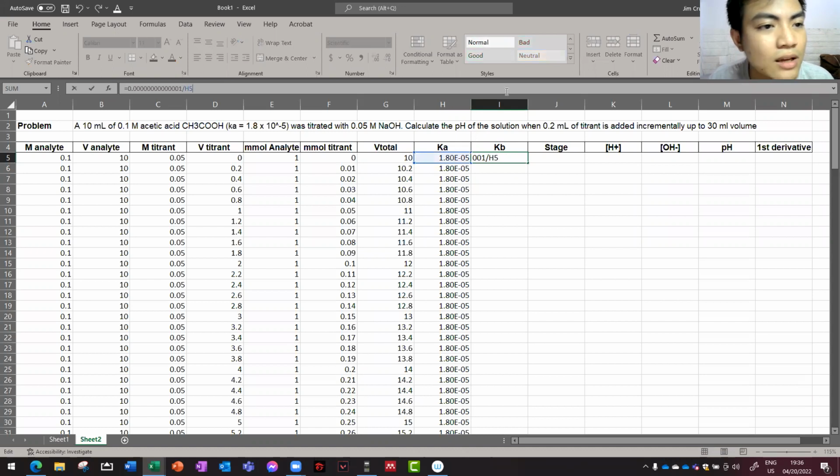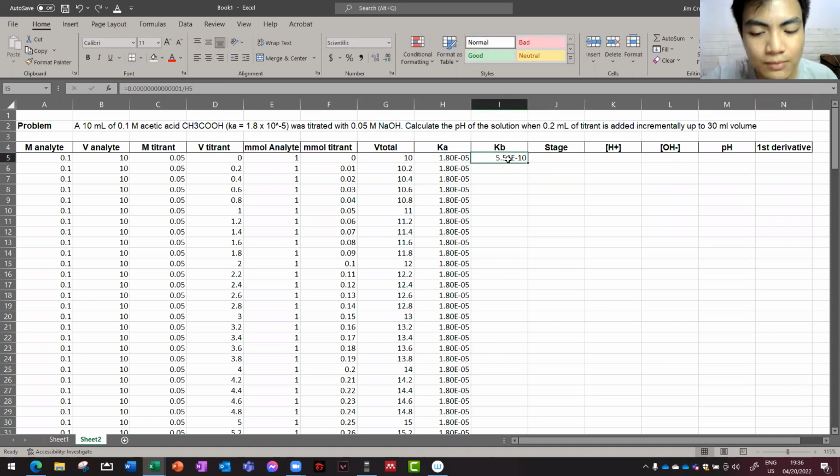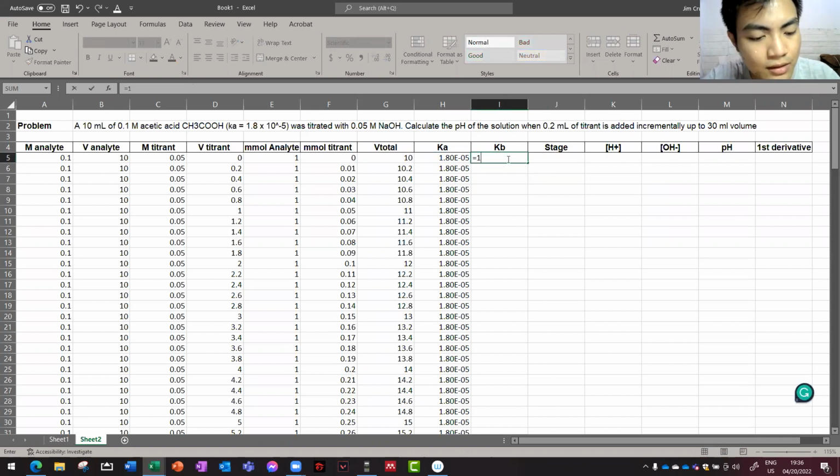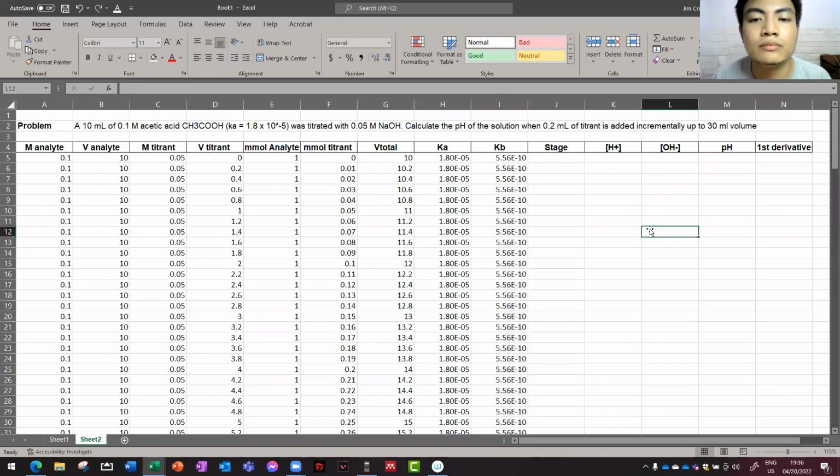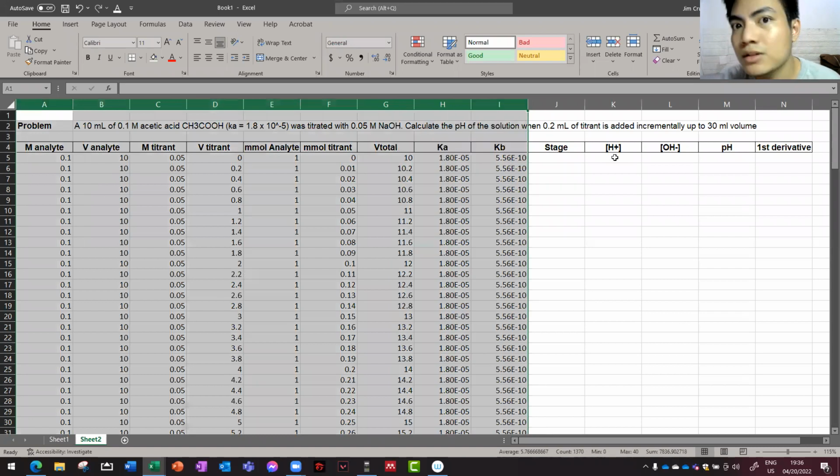How will you type it? It's 1 E negative 14, which means 1 times 10 raised to negative 14, and then divide it by your Ka. Then I will just drag it down. And now you have these columns complete.